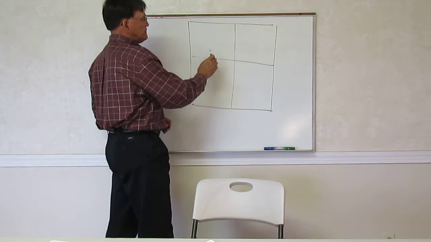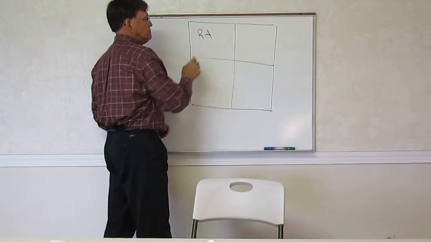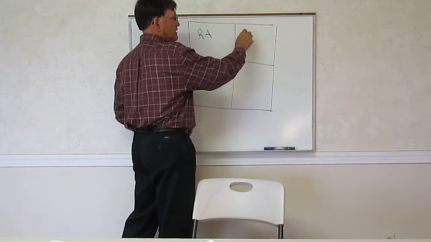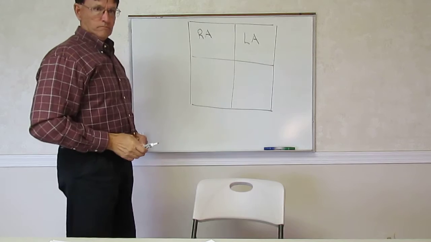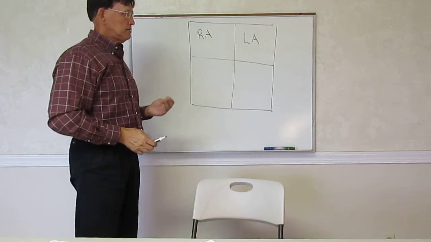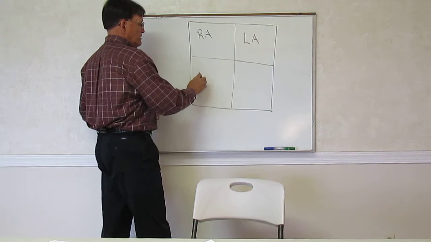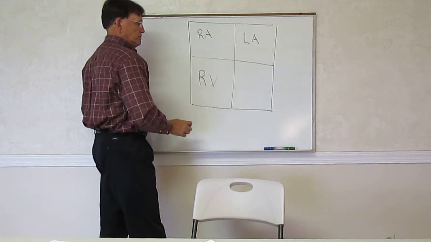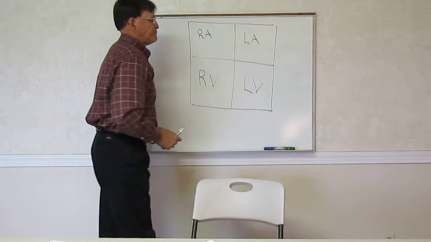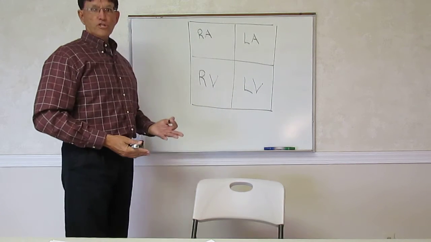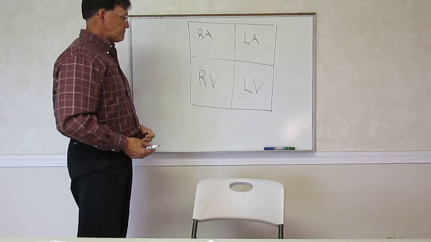On the top, you've got the right atrium, and you have the left atrium, together called the atria. On the lower part of the heart, you have the right ventricle, and you have the left ventricle. Pretty simple, 4 chambers, upper and lower chambers.